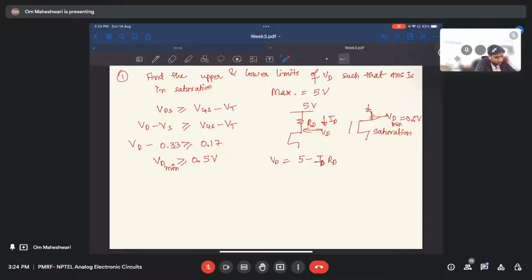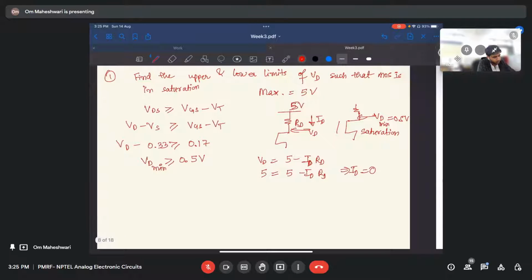So at the edge, when VD is equal to 5, then ID will be 0, right? If this is 5 and this also is 5, that means no current is flowing through here. That means ID will be 0. So this is the other edge case, that VD max is 5 volts.